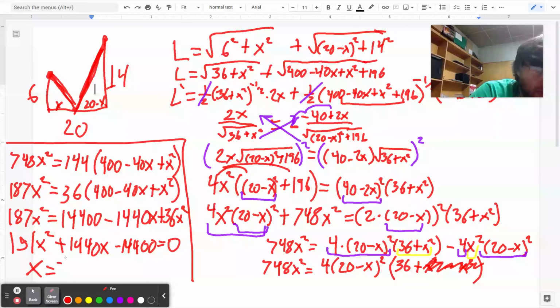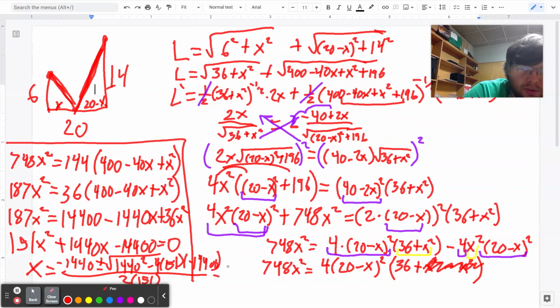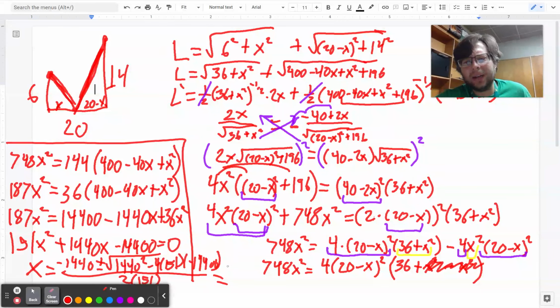So x is equal to negative b plus or minus the square root of b squared minus 4ac all over 2a, and whatever that equals. So very weird that this would be put on a no calculator thing.